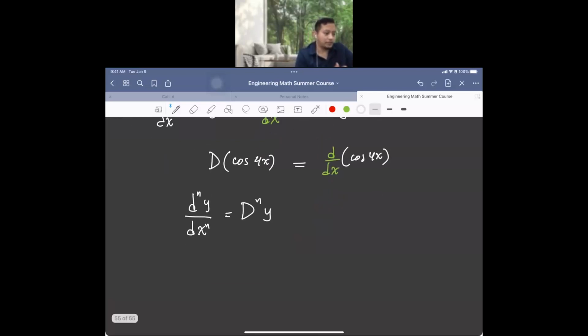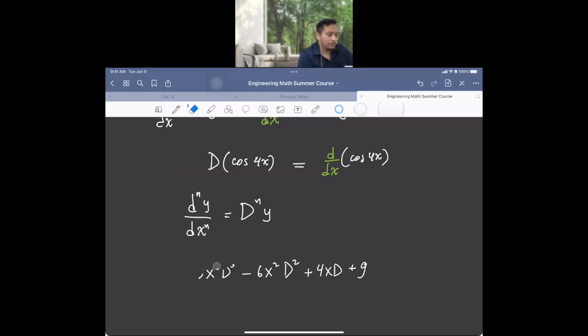So we can express a polynomial using D. Okay? So for example, if we have D plus 3, or let me write 5x cubed D cubed minus 6x squared D squared plus 4x D plus 9, this is also a differential operator.